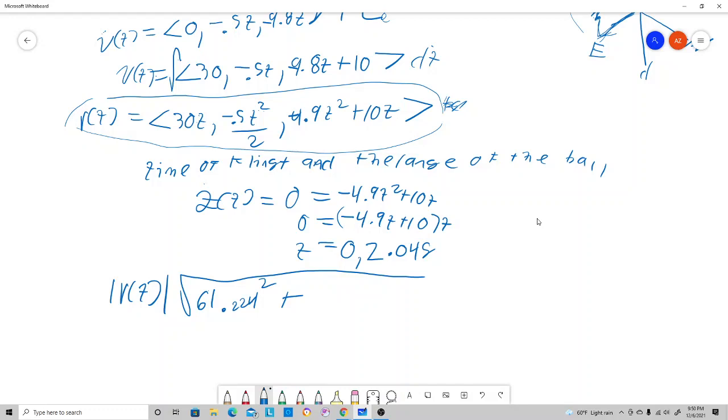We get a negative 1.04, but when we square, it's just going to go to positive.